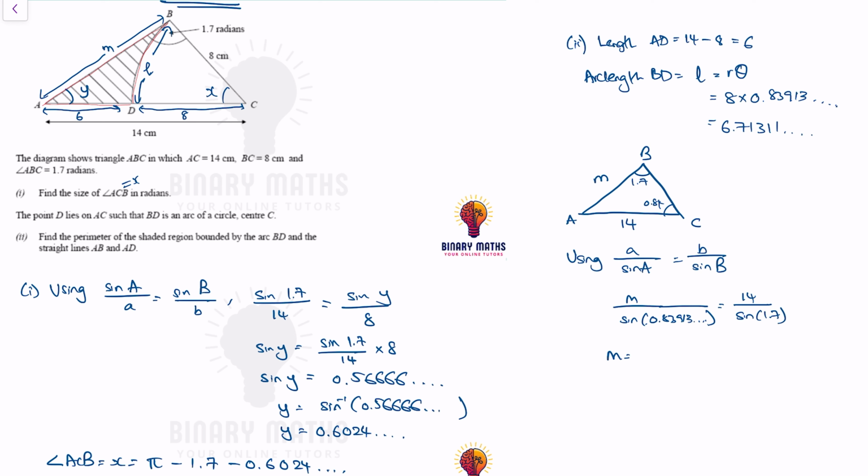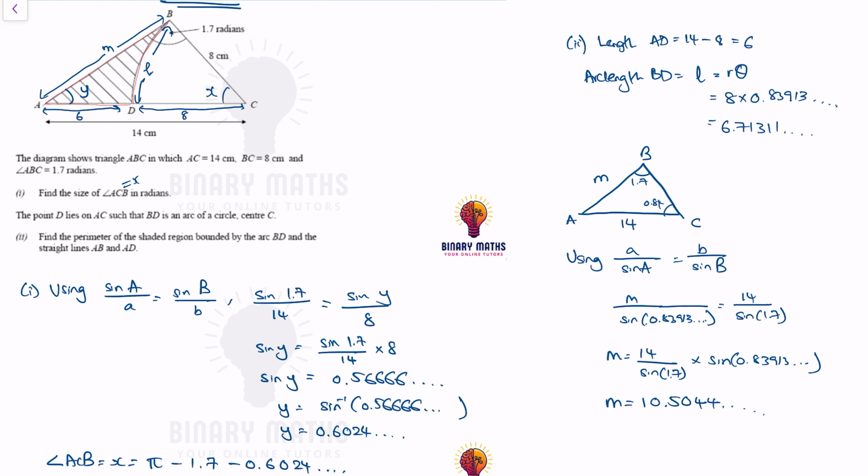Which means M is equal to 14 over sine 1.7 times sine 0.83913..., which gives me M is equal to 10.5044.